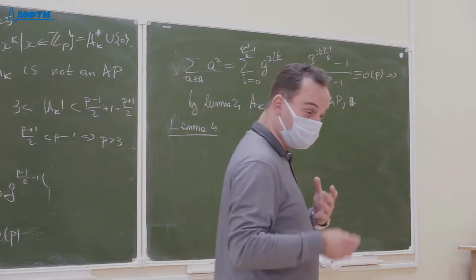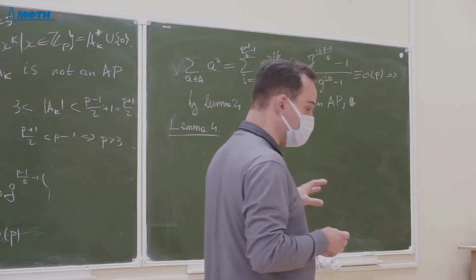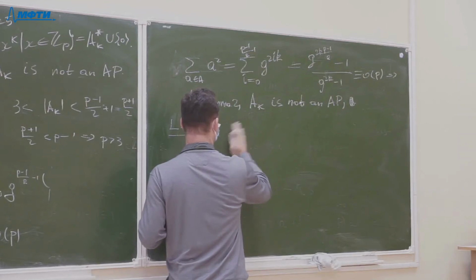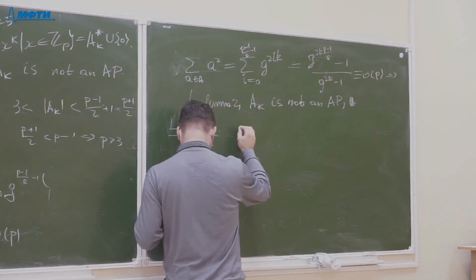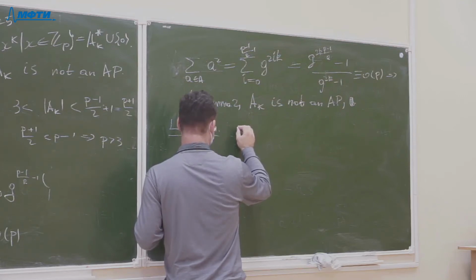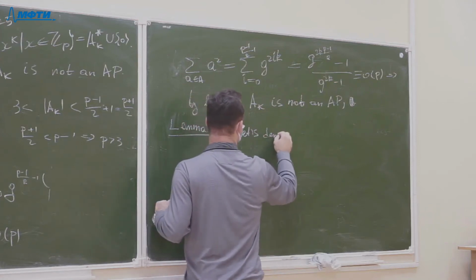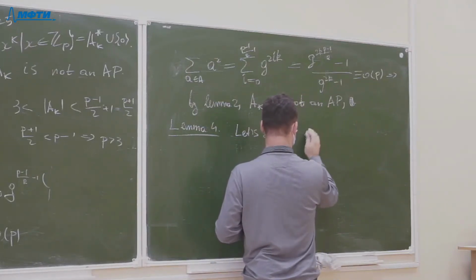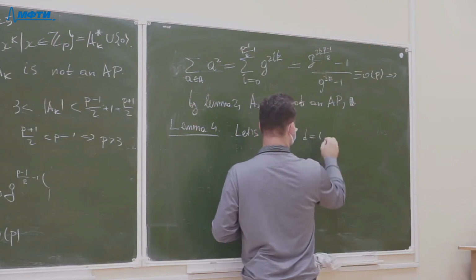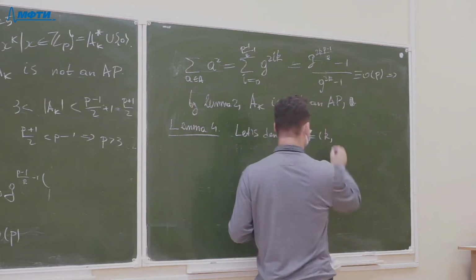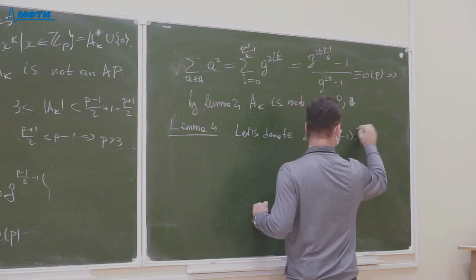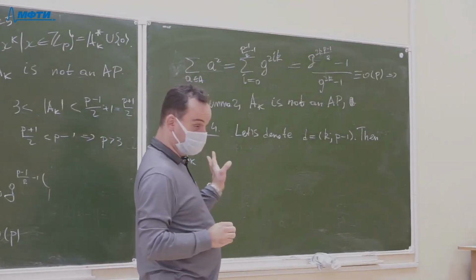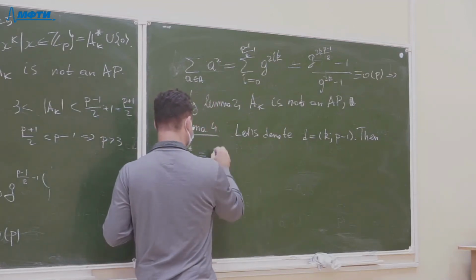Well, this is a lemma about the situation when K is not a divisor of P-1. Suppose we denote D as the greatest common divisor of K and P-1. Then for the general case, A_K* is A_D*.